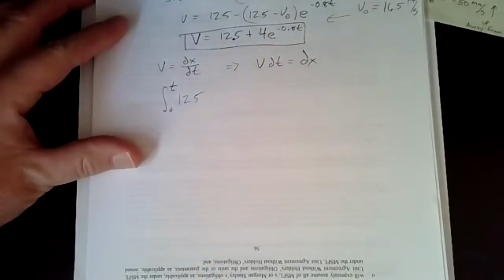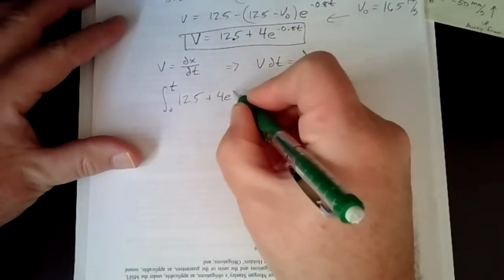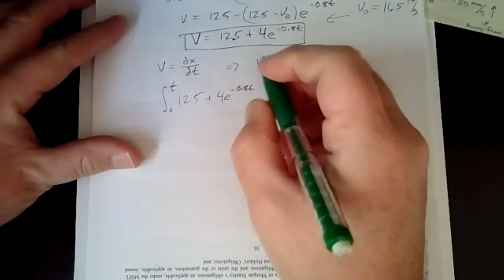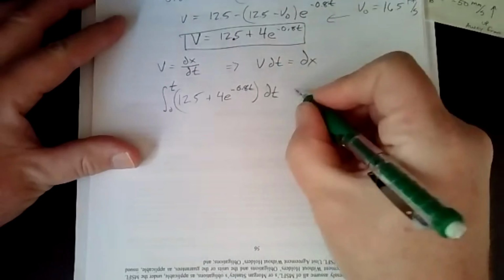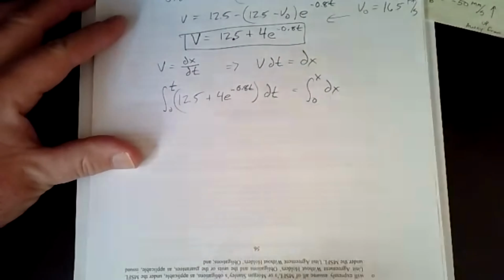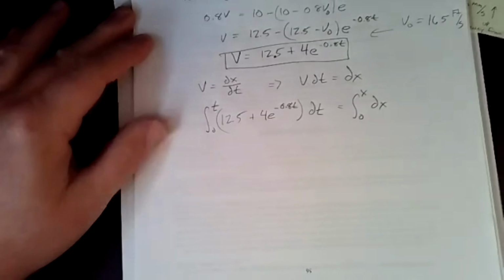12.5 plus 4e to the negative 0.8 t, all dt, and that equals just the integral of 0 to x dx. So we can, again, do a u substitution.